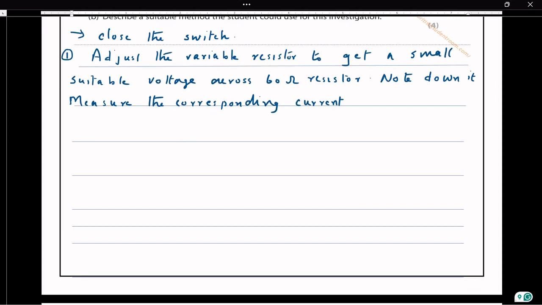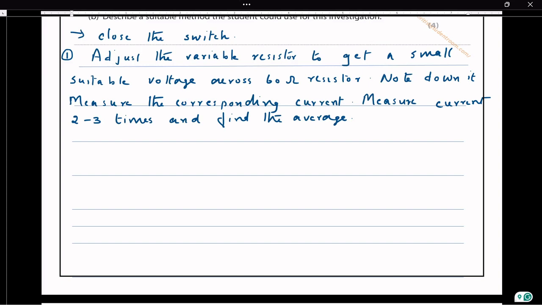So let us include that also: measure the corresponding current 2 to 3 times and find the average.